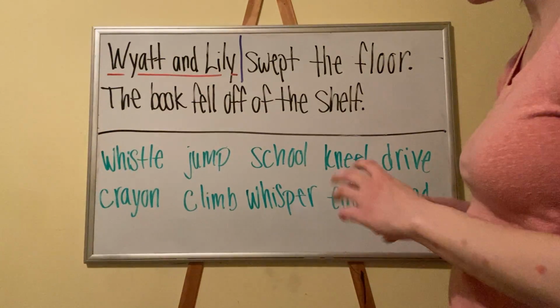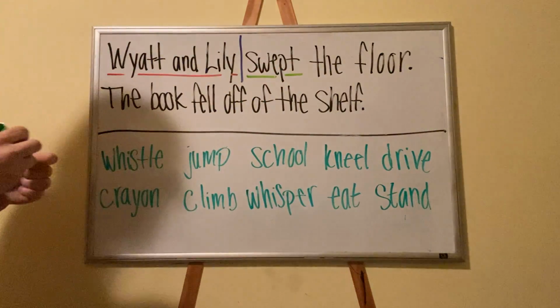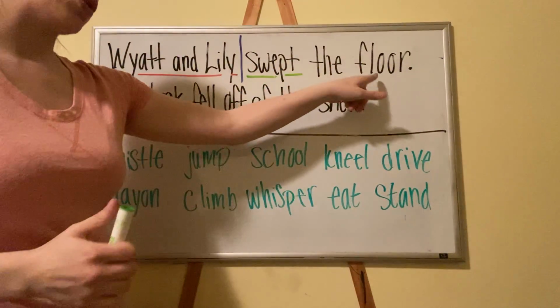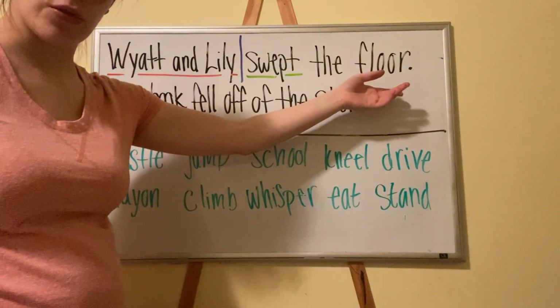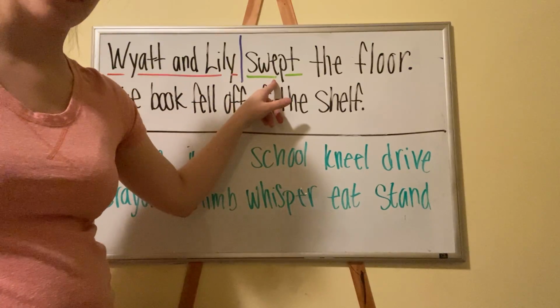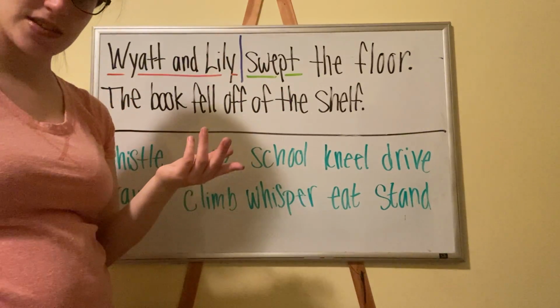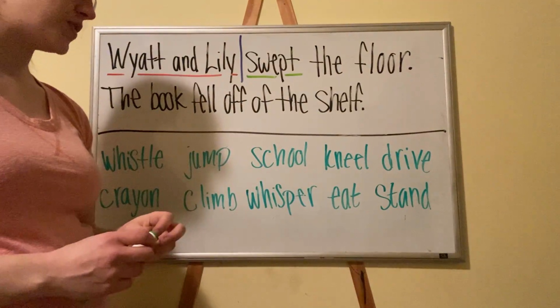Or what they did? Wyatt and Lily swept. Floor is not something you can do. You cannot show me how to floor, but you can show me that you have swept. Swept being the past tense, already happened word for sweep. Swept, you can show me that you've done that.